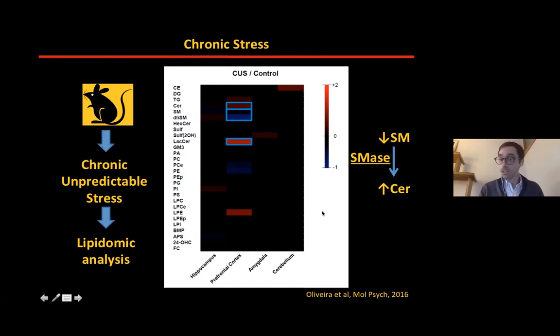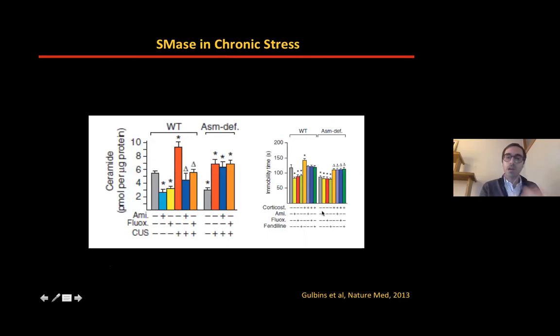And this possibility was actually interesting, because before our own observations, there was already another publication using other methodologies that showed that chronic stress led to increased ceramide levels in the hippocampus of these mice after exposure to chronic stress.